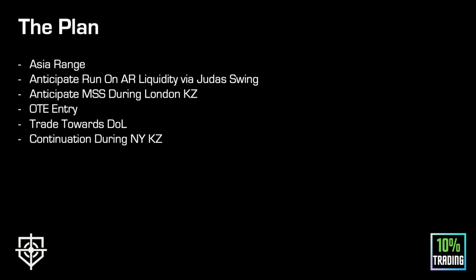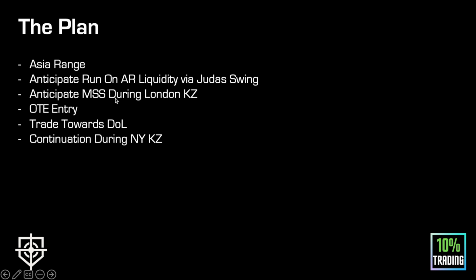So here's a simple rundown of the plan before we jump on the charts and visualize it. As I just mentioned, I want to see an Asia range. Then I want to see a run on the Asia range liquidity via the Judas swing. We anticipate a market structure shift.